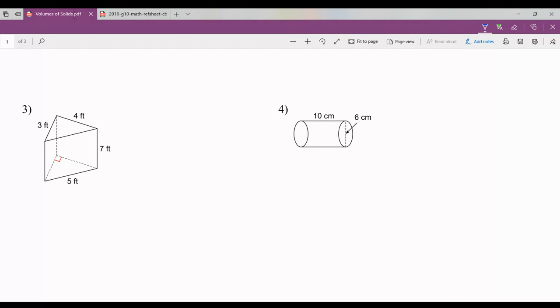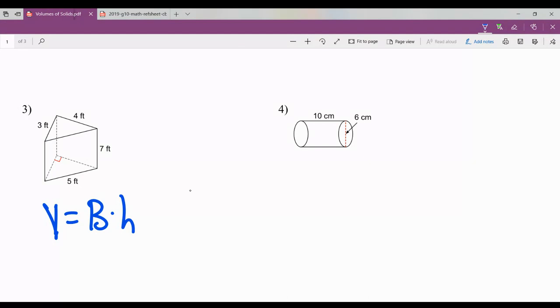The volume would be the area of the base times the height. Well, here's the height. It's the distance between those bases, so it's 7. The area of the base is the area of that triangle.